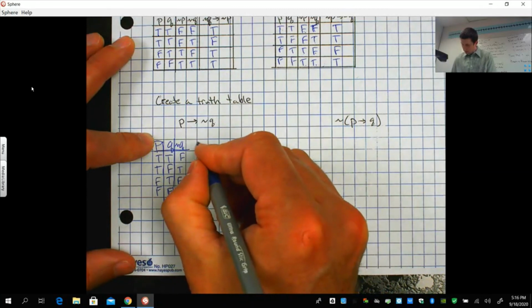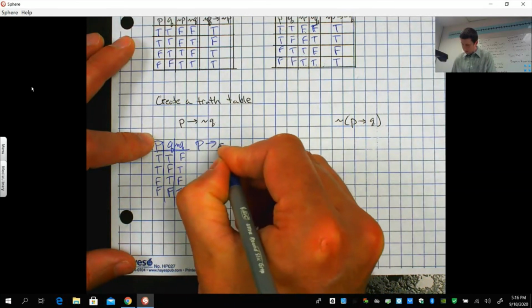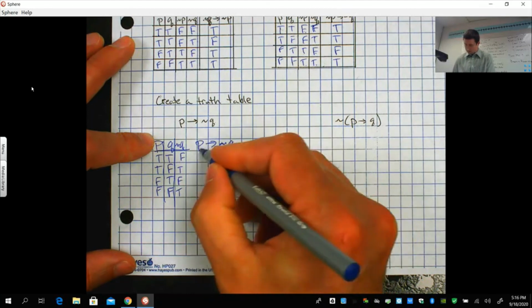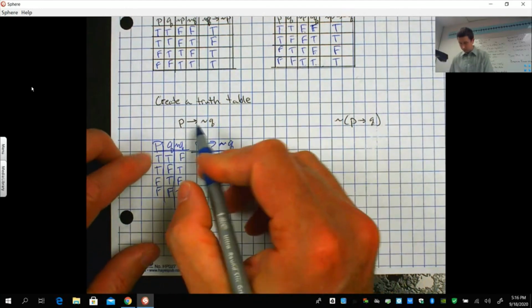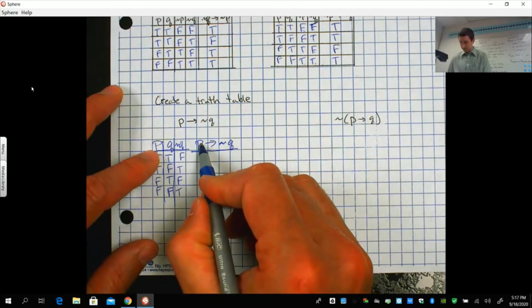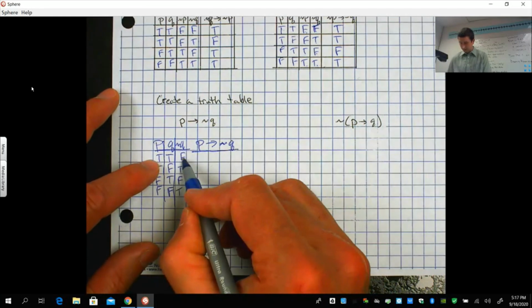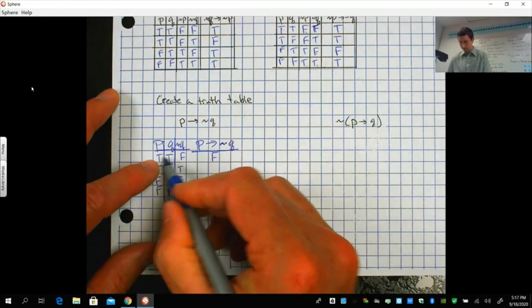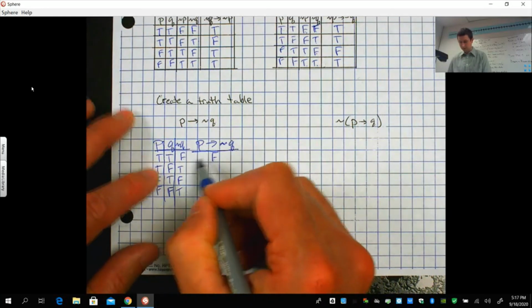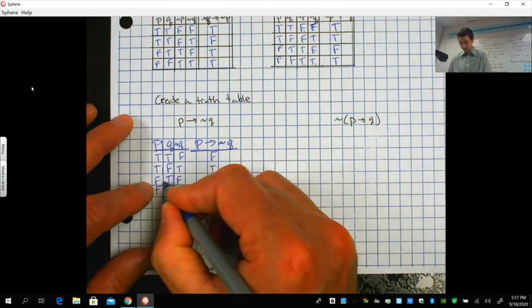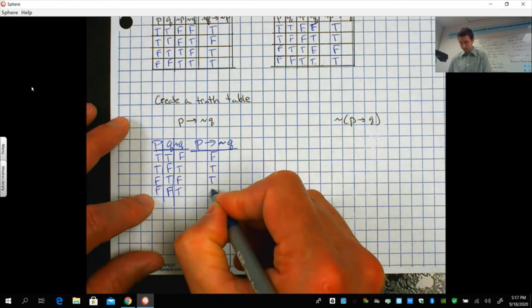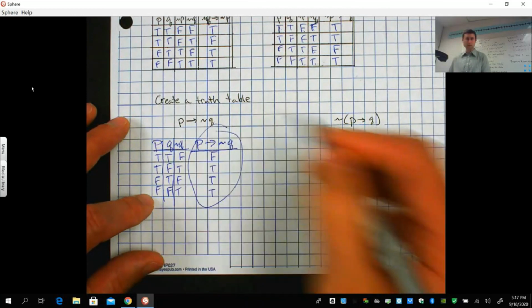So here we go. P implies not Q. I'm going to put my answers right here. So I'm starting with P, and then I'm looking at not Q. So that's true, false. That is a false statement then. True, false is a false. That's the only way to get false. True, true is true. False, false is true. False, true is true. That's what you're going for. That's your answer right there.